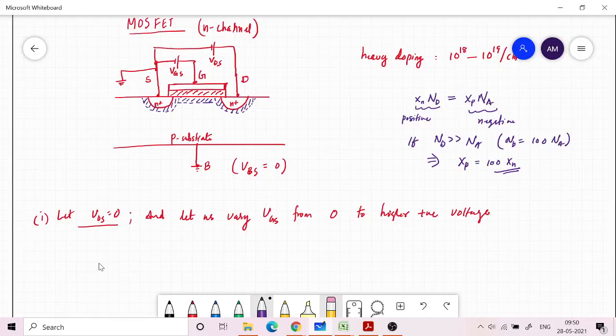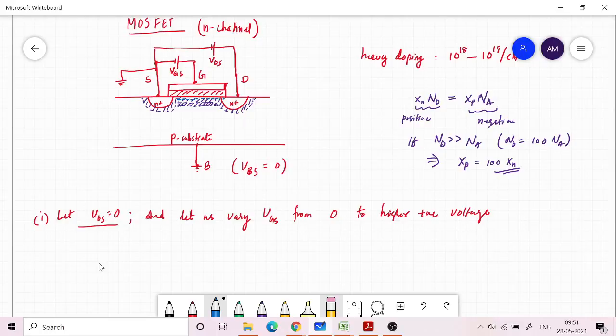Now as we increase the value of VGS, at some point our depletion region will keep on extending, and there is a maximum depletion region width we discussed in the last class, beyond which the depletion region will not extend. But then we will have some electrons created at the interface.